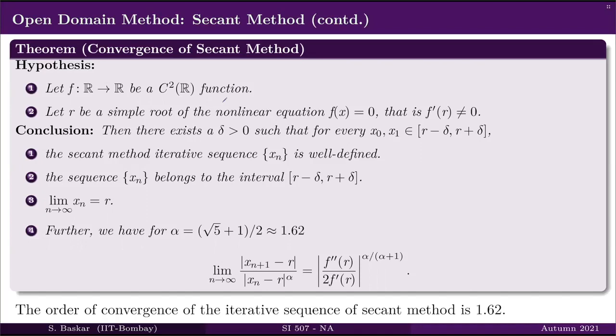If we assume these two conditions, then we can find a delta neighborhood of the simple root r such that if we start our initial guesses x0 and x1 in this delta neighborhood, then the theorem says that all the terms in the secant method iterative sequence are well defined, and also each member of the sequence belongs to the delta neighborhood of r.